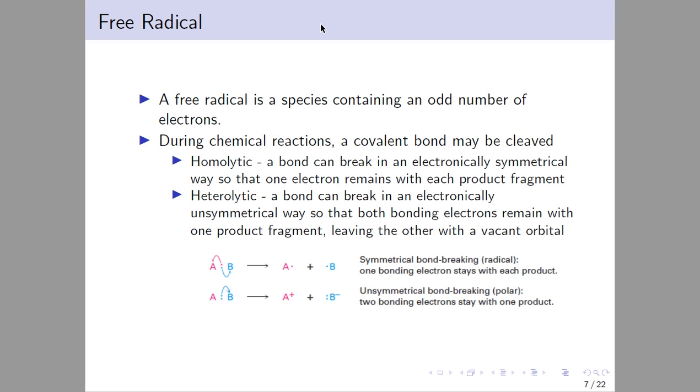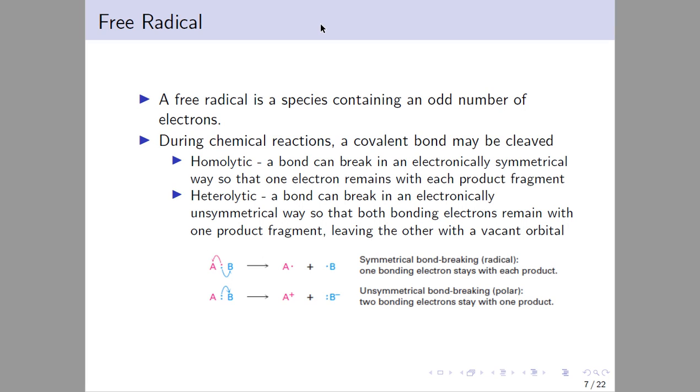When the covalent bond is cut, the first one is homolytic. A bond can break in a symmetrical way, so that one electron remains with each product fragment. Then we have heterolytic.